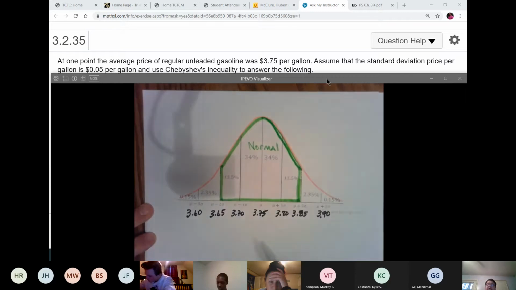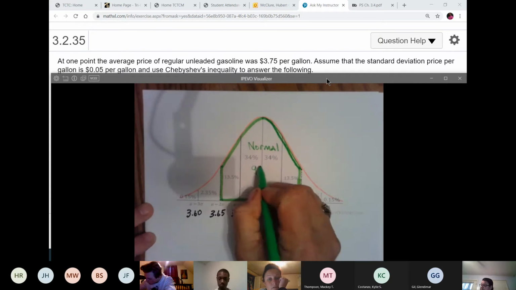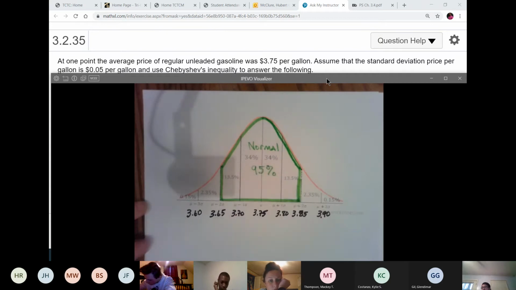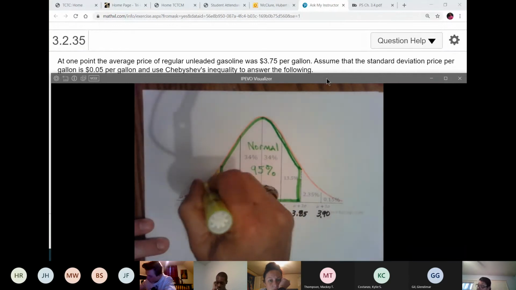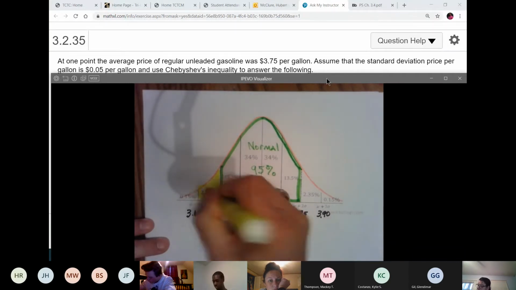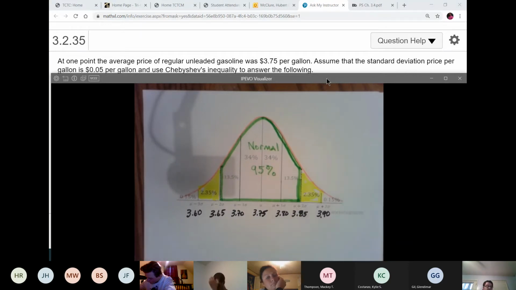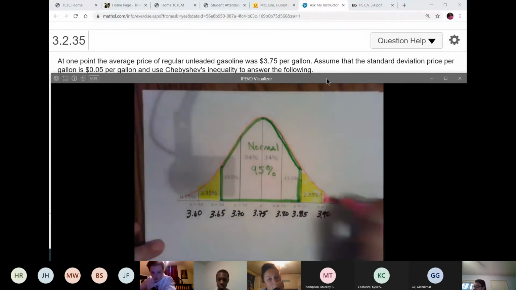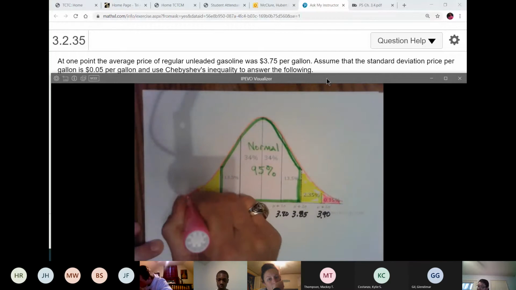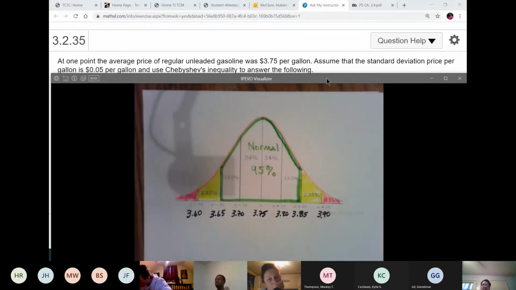And what's that percentage? 95%. Okay. And what's the yellow area? Unusual. That's the yellow area. And what's outside the yellow area? Outlier. Now this is what I'm going to test you on. But it's a little different with the Chebyshev. There's nothing worse than a redneck trying to pronounce a Russian word. Chebyshev. All right?